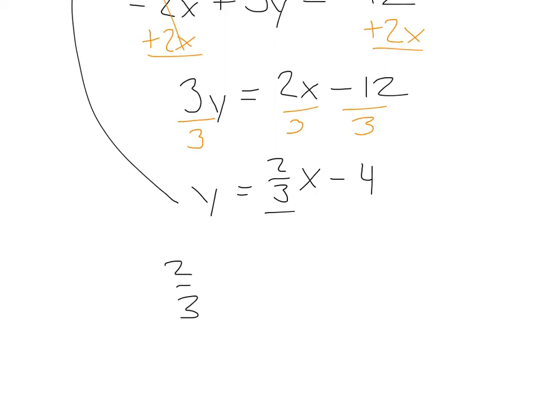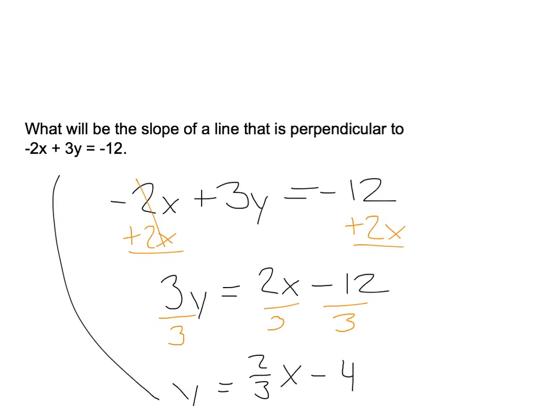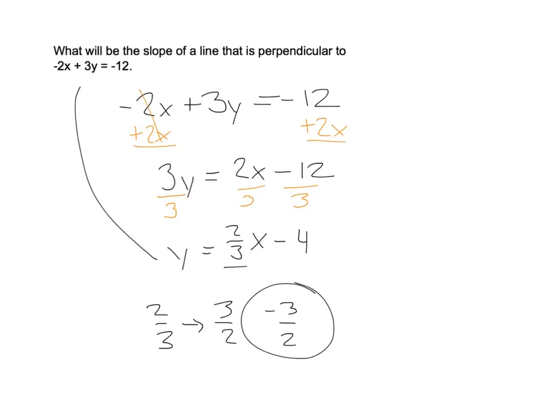Well, again, it's the negative reciprocal. So the reciprocal of 2/3 is 3 over 2, but the negative version of 3 over 2 is negative 3 over 2. An equation that has a slope of negative 3 over 2 would be indeed perpendicular to either this or this. These mean, again, the same thing. So the perpendicular to 2/3 is negative 3/2.